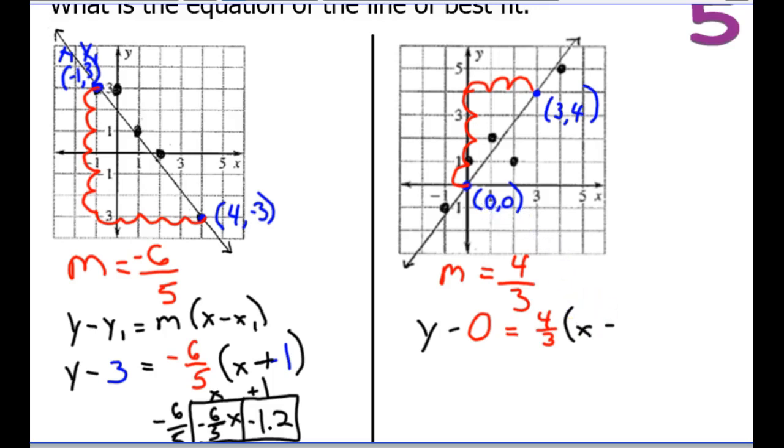If we use 0, 0, my x1 is then going to be 0 as well. So if I want to draw my box here and solve this problem, we have 4/3 x minus 0. 4/3 times x is 4/3 x. 4/3 times 0 is just 0.